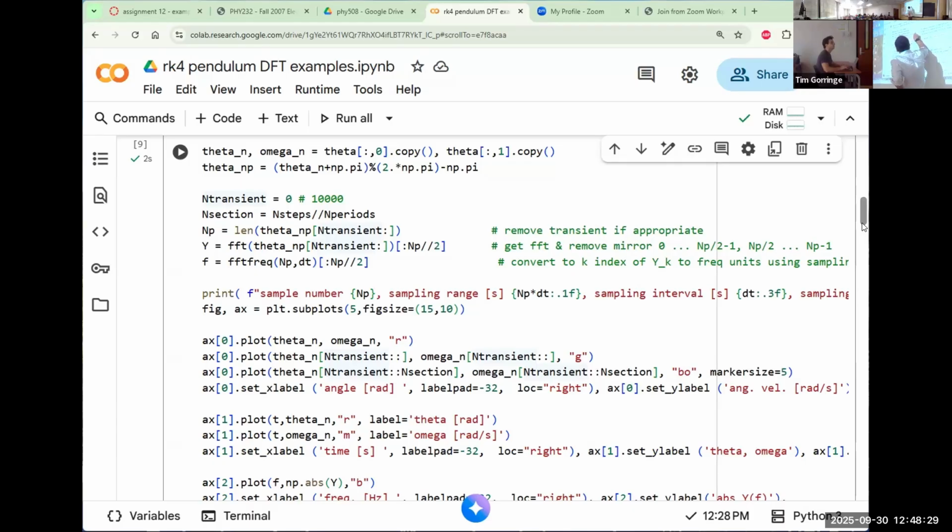I do this stripping off the mirror in the Fourier transform data that we discussed a lot in the last class. So in frequency space, the data is complex. That's one feature about it. It has amplitude and phase. Another feature about it is that the frequency distribution is folded or mirrored around the center of the frequency array. So there's two copies of it. And so I'm just stripping off one copy here and slicing here.